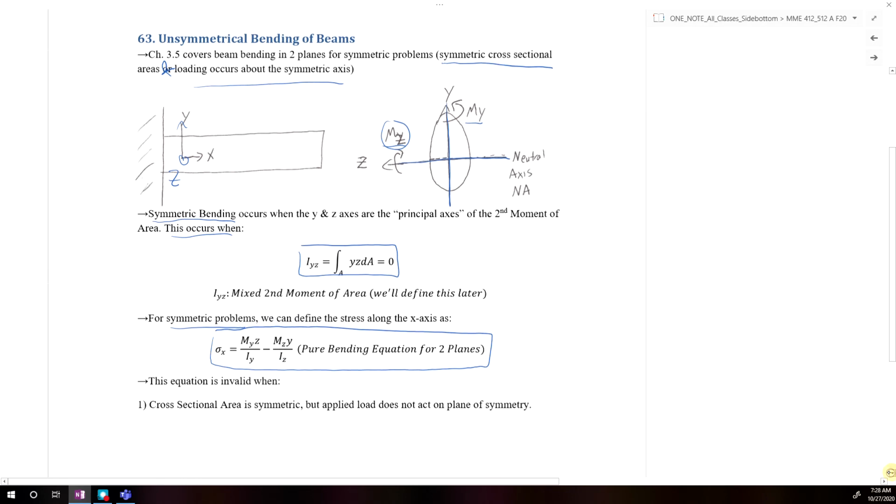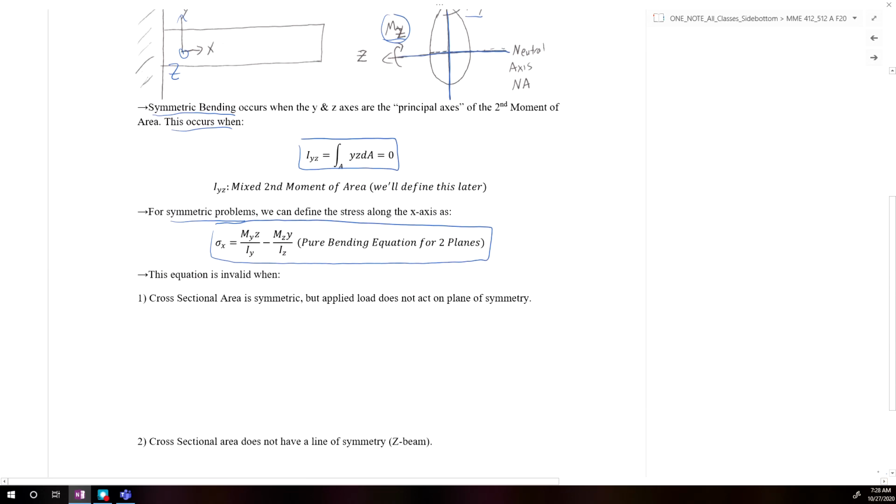In today's lecture, we're going to focus on two cases. The first case is if the cross-sectional area is symmetric about one axis, but the applied load does not act within that plane of symmetry.